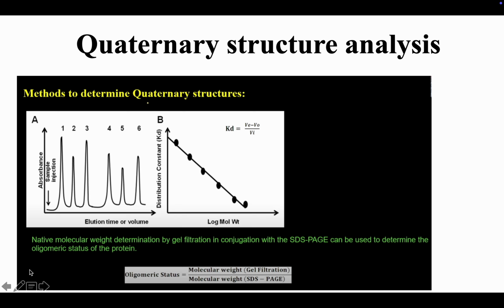So the quaternary structure here, as I mentioned earlier, is formed by different subunits which are attached together. Okay, so we have a primary structure, which is amino acids joined together by peptide bonds. Then we get a secondary structure in which we have alpha helixes or beta pleated sheets.